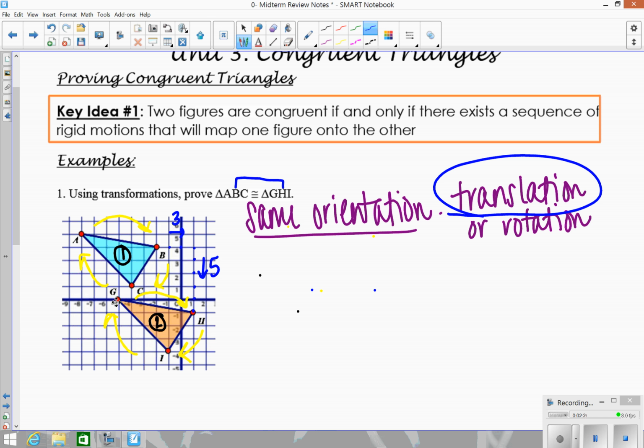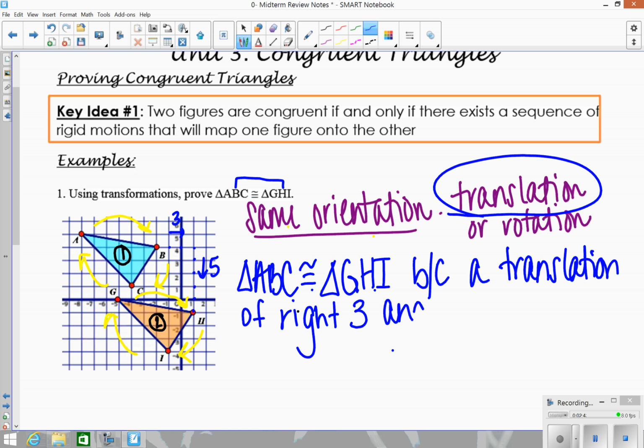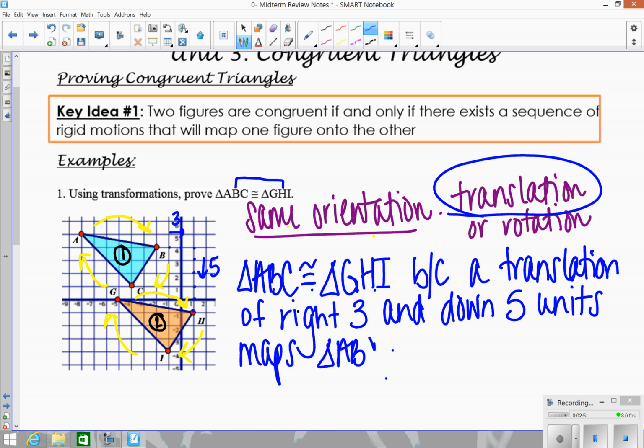So that means we can say that triangle ABC is congruent to triangle GHI because a translation of right 3 and down 5 units maps triangle ABC onto triangle GHI.